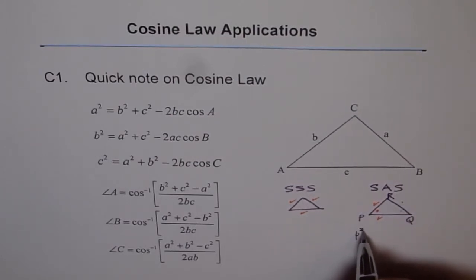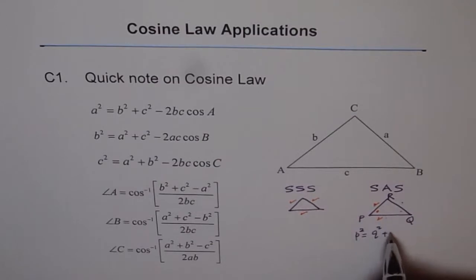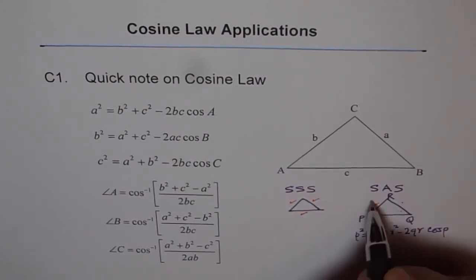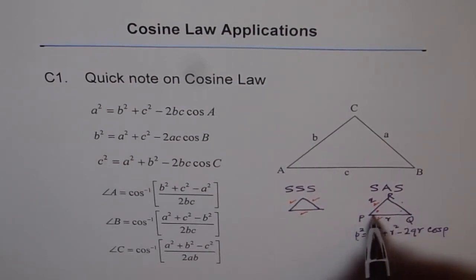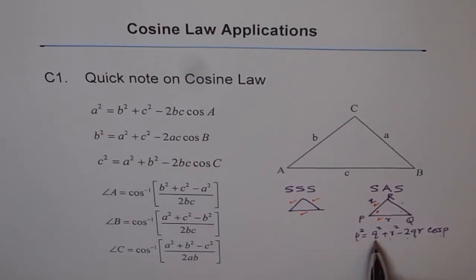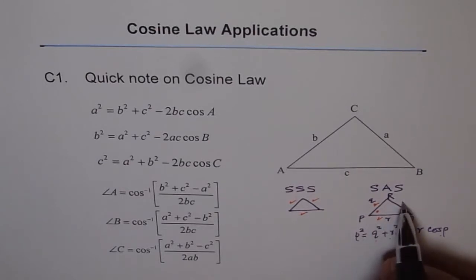So small p square will be equal to Q square plus R square, where Q is this side and R is the side opposite to R, minus 2 times QR and cos of P. I should write capital P. Now you see, you are given the sides Q, R, and the angle P, so all these things are known, and from those known things, we find the opposite side p, right?